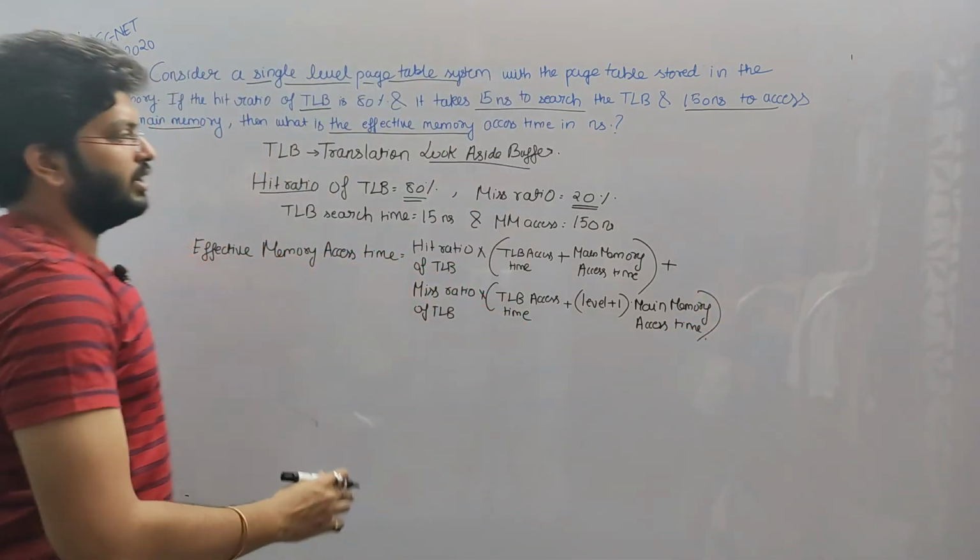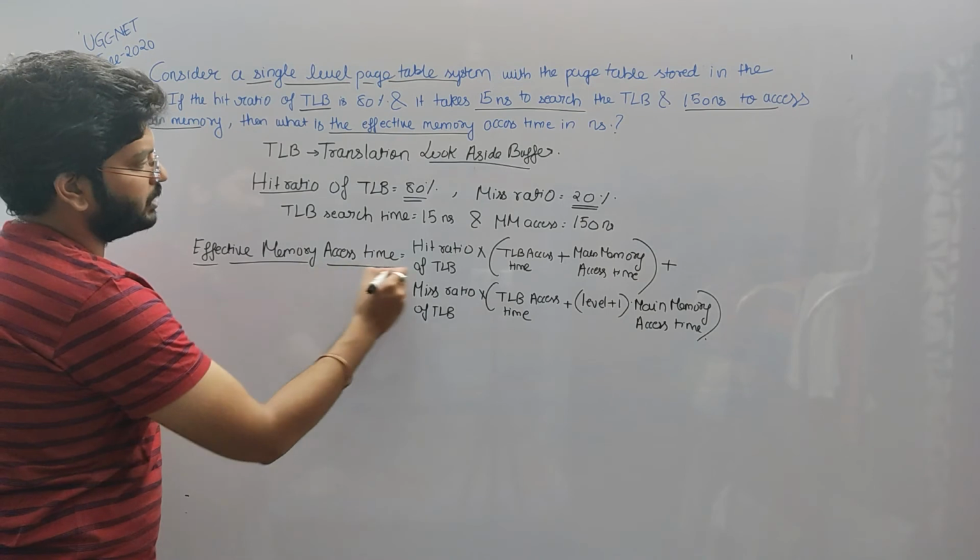Hit ratio means we find the item in the TLB, so hit ratio times TLB access time plus main memory access time. You have to remember the formula of effective memory access time.